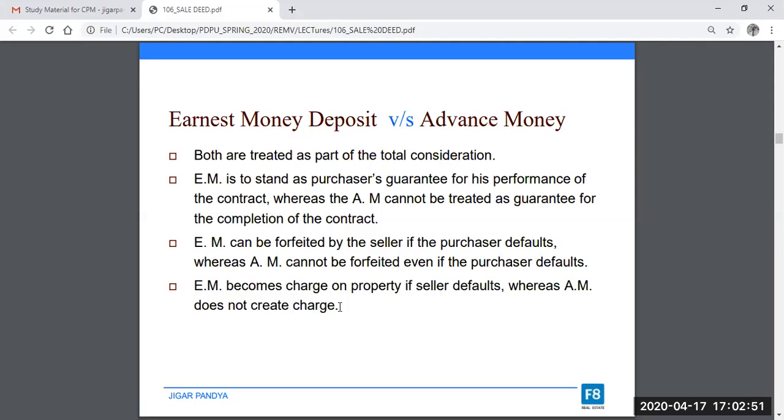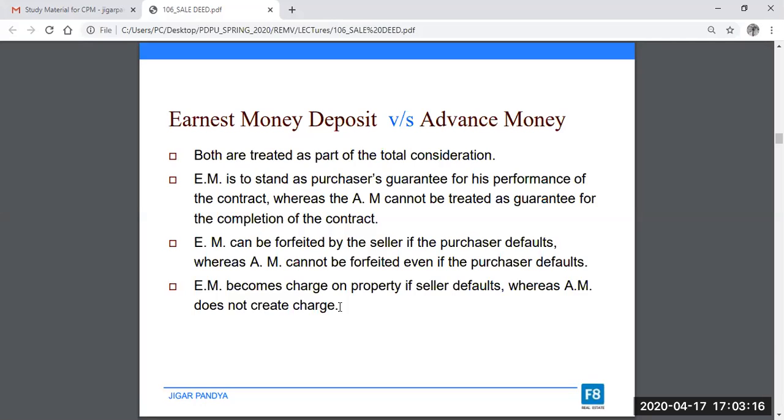should there be a problem and if the vendor decides not to sell for any reason, could be getting a better buyer, it could be getting a bigger offer, he may not be in a mood to sell. The money paid as advance will not create any charge, which means that if 5 lakh is paid, he'll have to return the 5 lakh back.